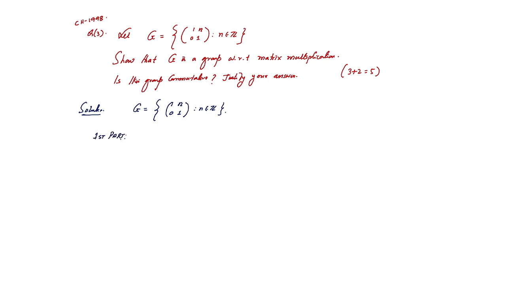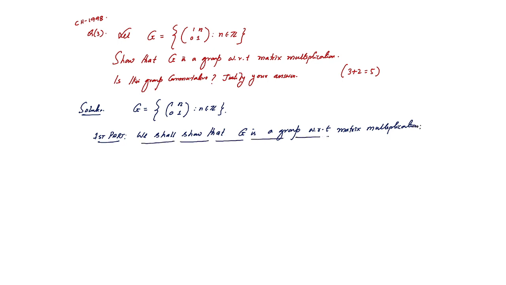We shall show that G is a group with respect to matrix multiplication. That means we will show it satisfies the closure property with respect to multiplication, associative, identity, and inverse.